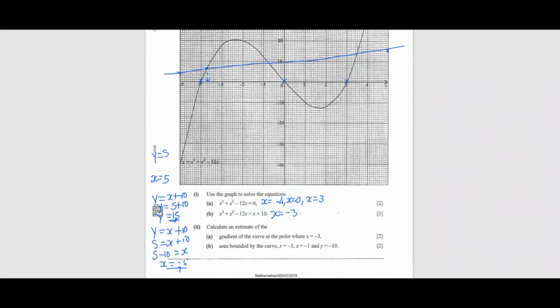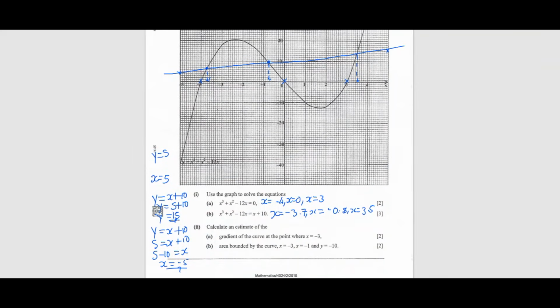Then the other x will be gotten from here. So negative 0.8. Then the other x is here. So 3.5.